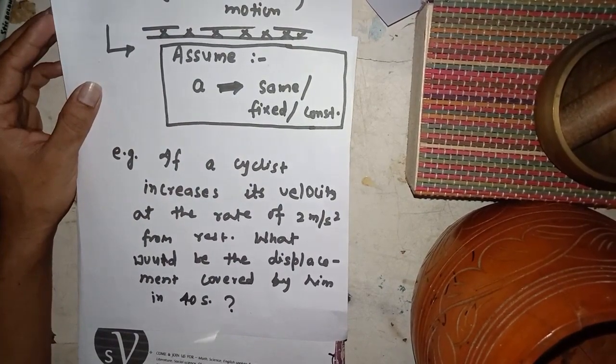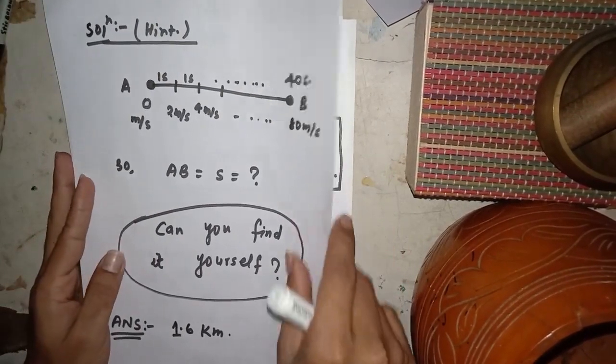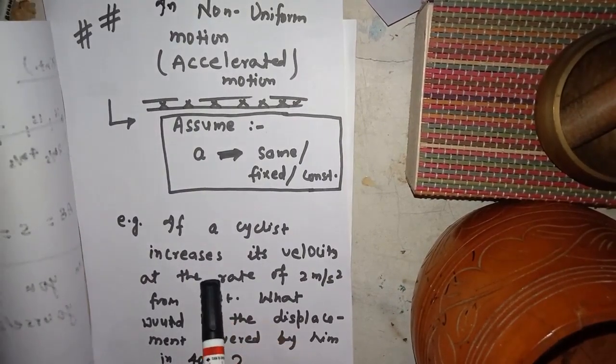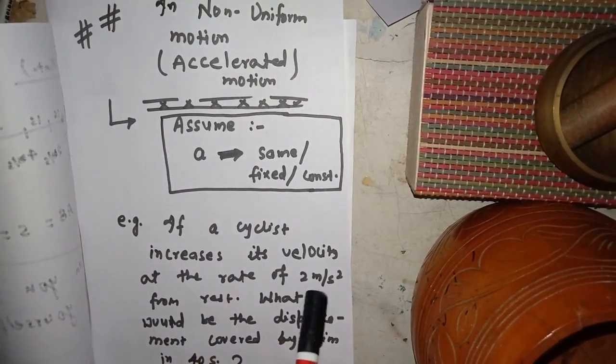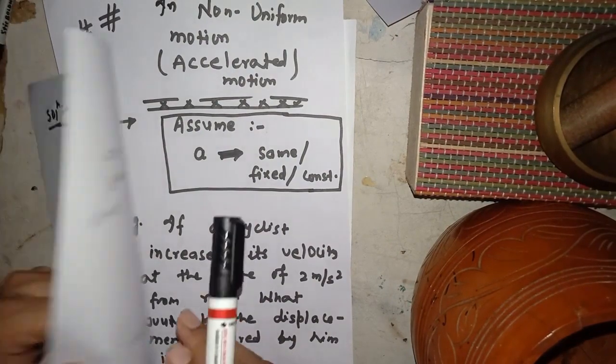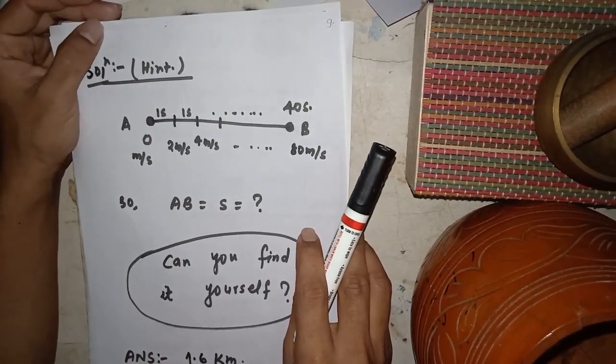So I am giving you some hint for this question. This question says that the cyclist increases its velocity at the rate of 2 meter per second square from rest, means acceleration is here 2 meter per second square.